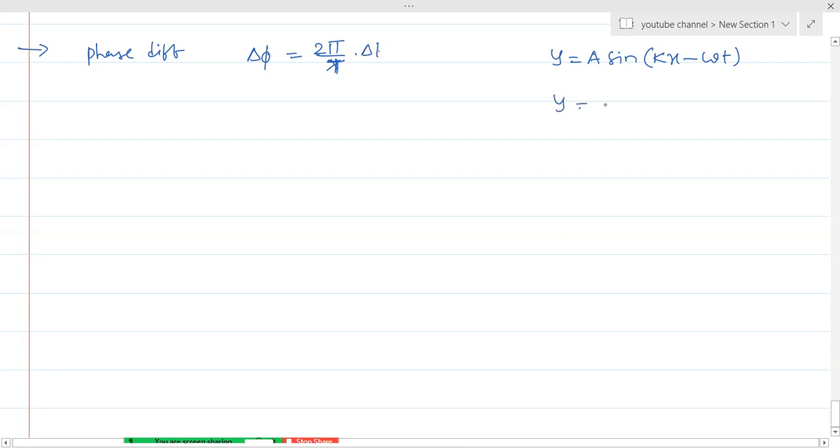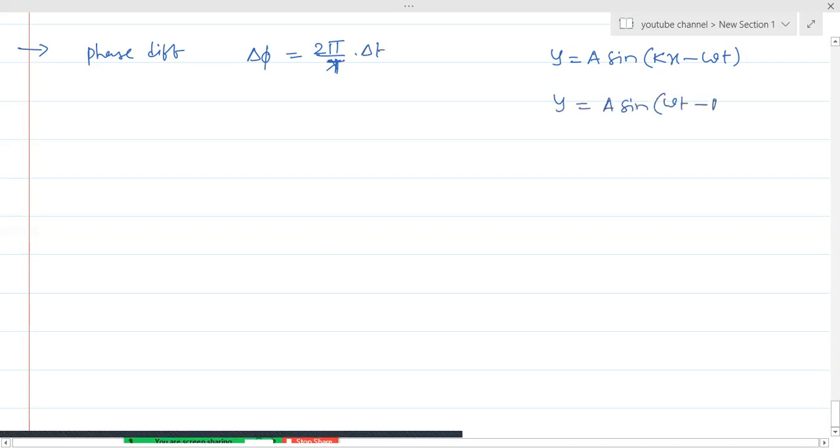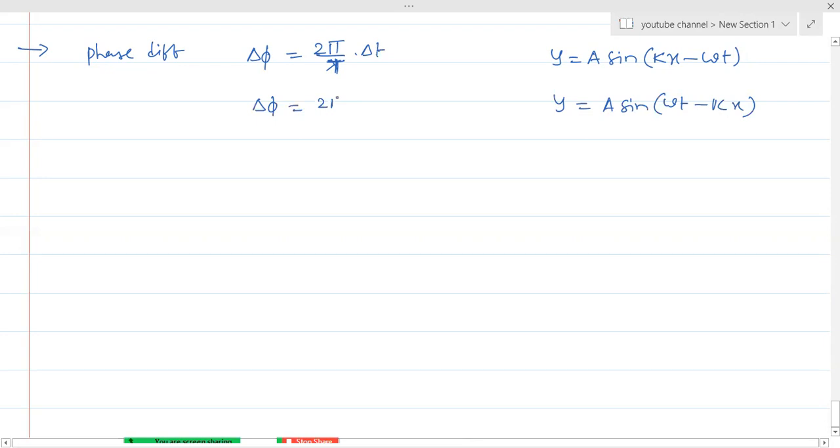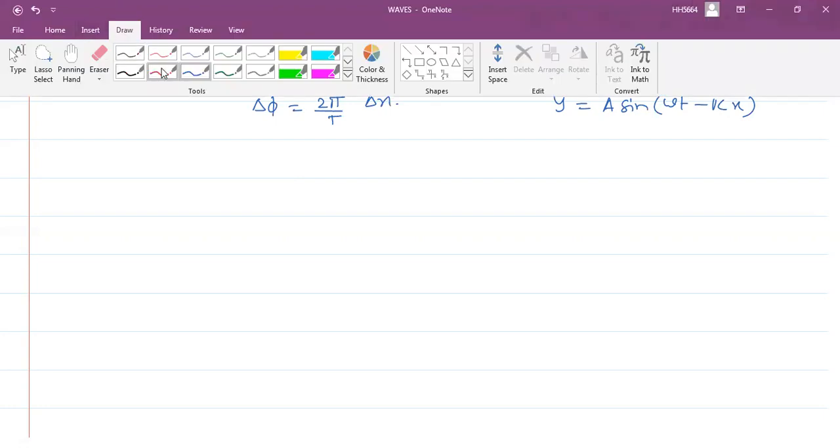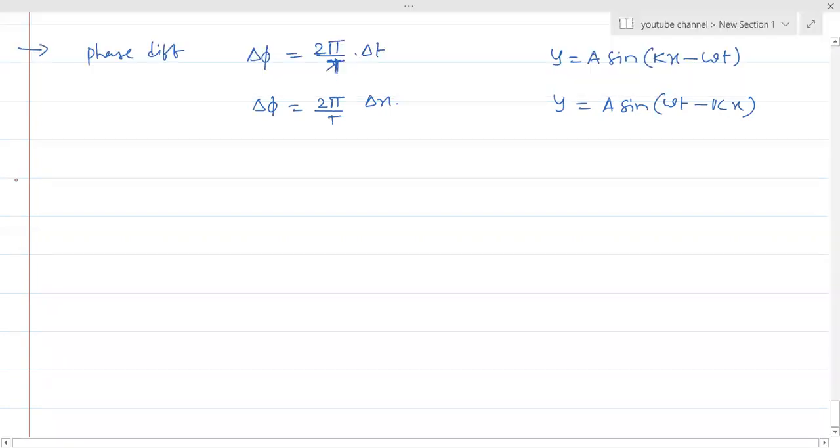And when y is given as a function of position, omega t minus kx, then the phase difference formula we will write as 2 pi by lambda into delta x. So this is about the analysis of a wave, wave equation nature and particle velocity.